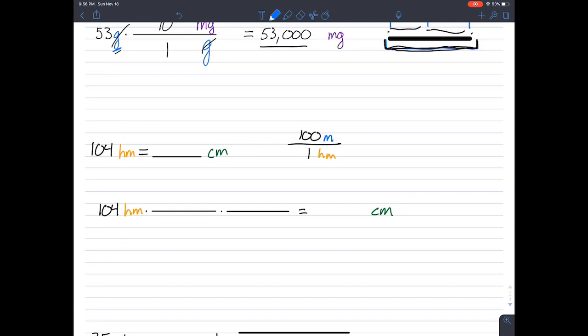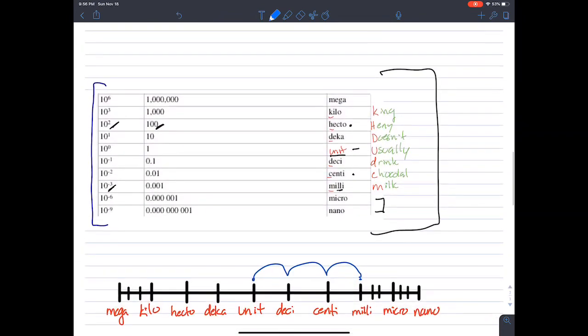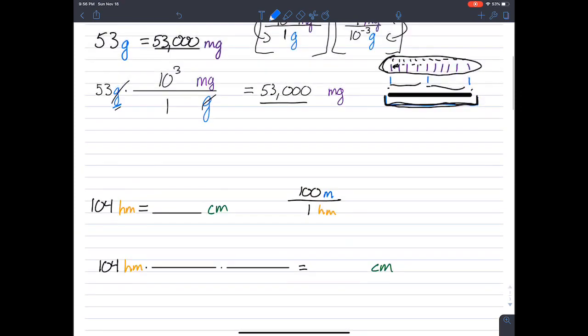We also have 10 to the second. You could put this as 10 to the second meters per hectometer, or you could put 10 to the negative second hectometers per 1 meter. But that doesn't really make that much sense. That's really confusing, especially when on the chart it already says 10 to the second meters.